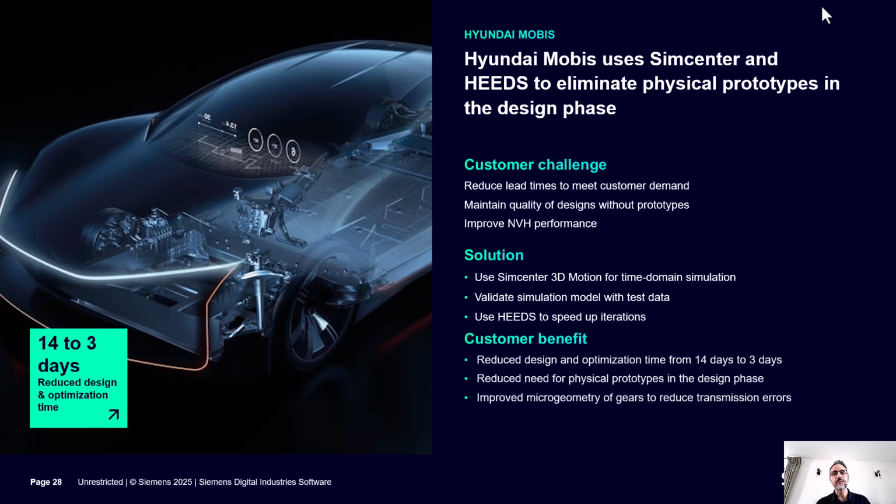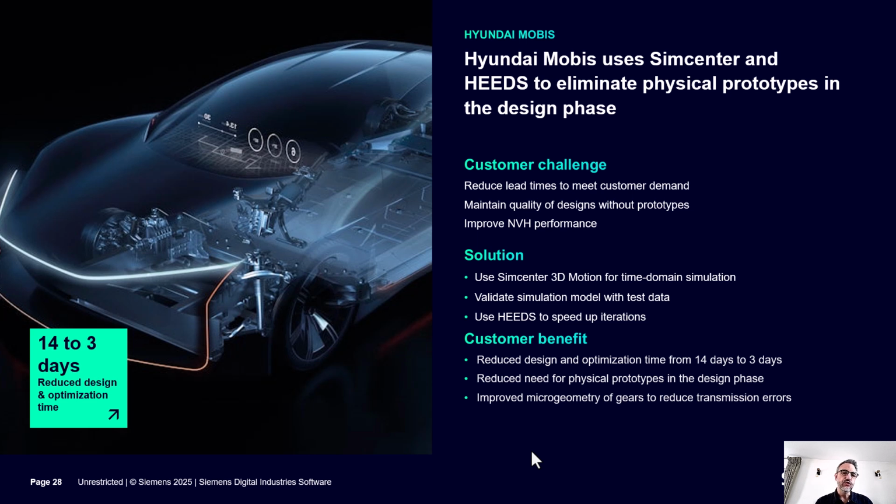Here a reference from Hyundai Mobis, which uses our solutions for eDrive engineering. And this is on the transmission side. We have applied our GDO method and worked with Mobis to deploy these SimCenter solutions using SimCenter 3D and SimCenter HEEDS.